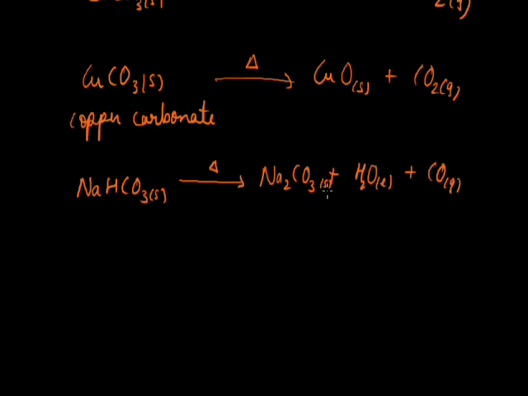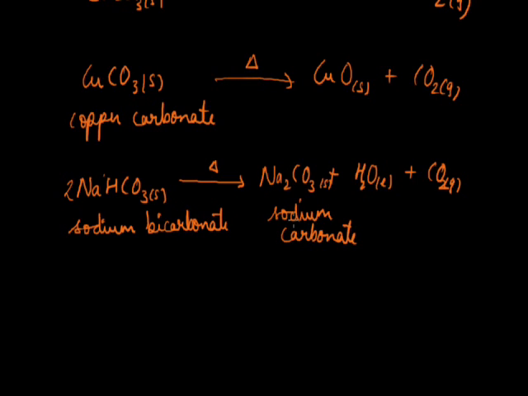So here we see different compounds are produced as products. These are some examples of decomposition reactions involving products and reactants as compounds.